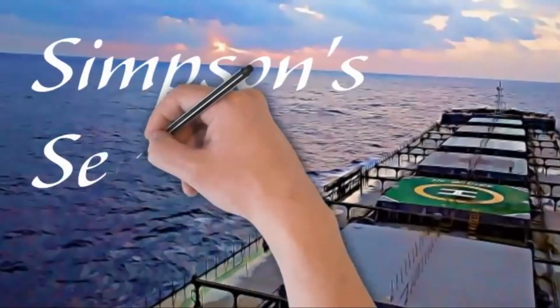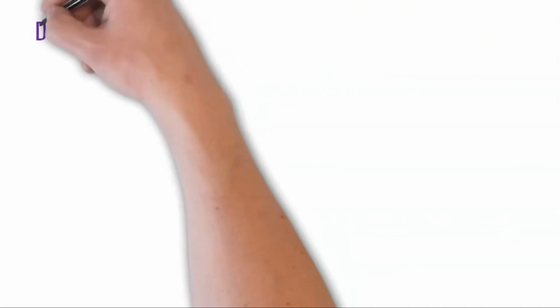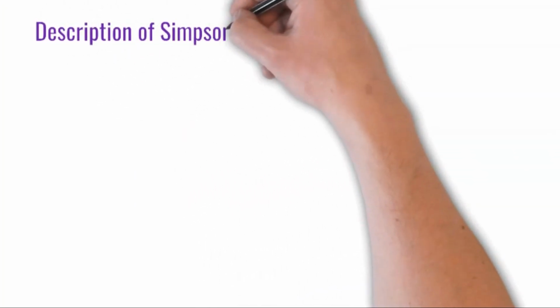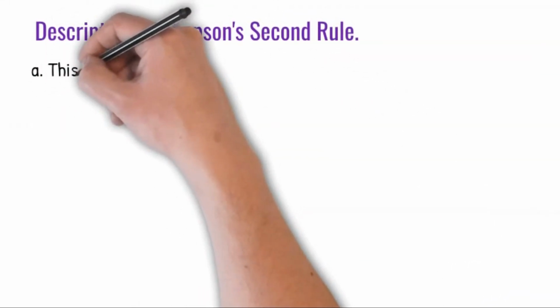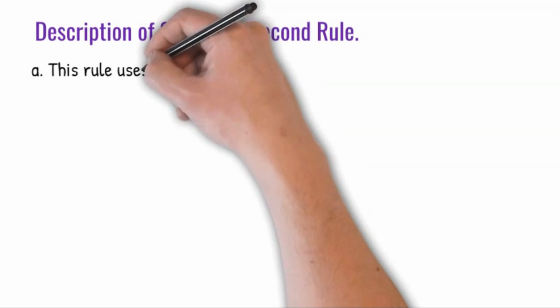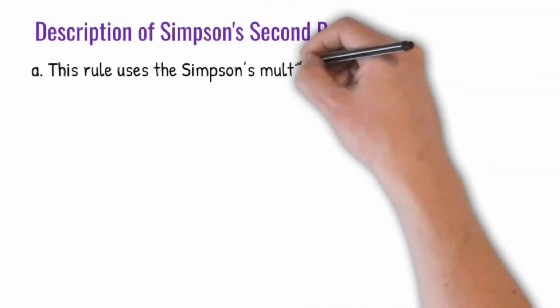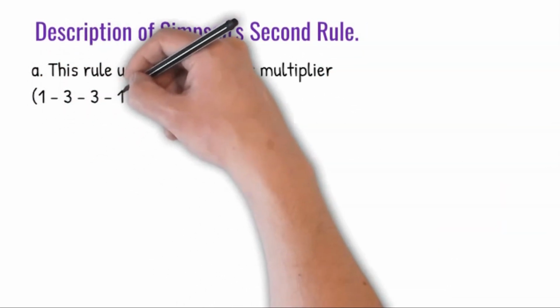Simpson's second rule. Description of Simpson's second rule. A. This rule uses the Simpson's multiplier 1, 3, 3, 1.